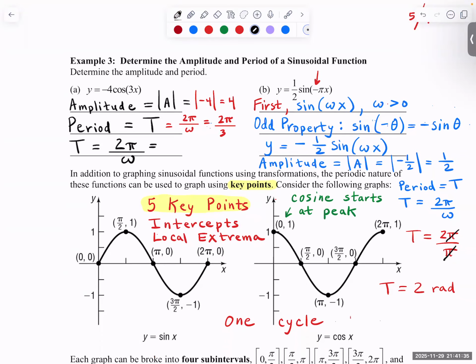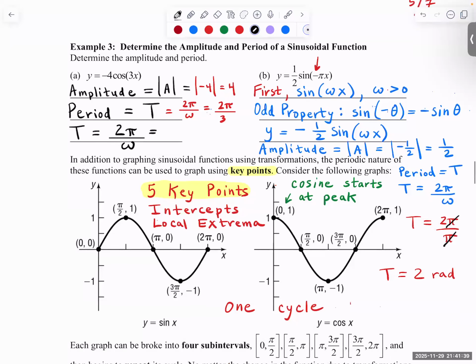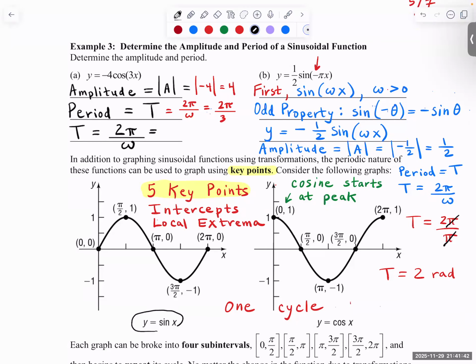So to repeat the idea of 5 key points, the basic sine function starts at the origin, 0, 0. As the angle increases to pi/2, the sine value increases to 1. Beyond pi/2, increasing toward pi radians, the sine function value is decreasing, reaches 0 at pi radians.